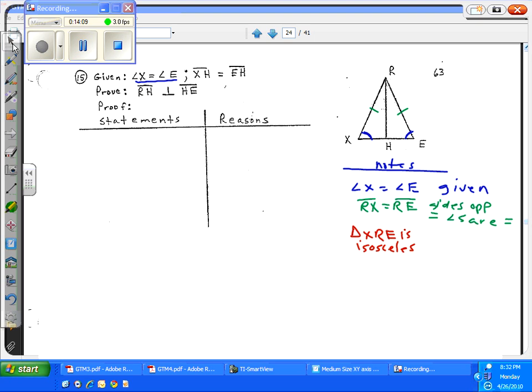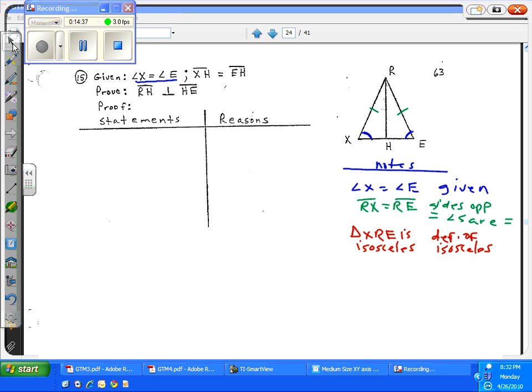And I can say that it is isosceles by the definition of isosceles, because I just said that two sides of that triangle were equal, and that's the definition of isosceles. So I now know that two angles of the triangle are equal, therefore two sides of the triangle are equal, therefore the triangle is isosceles.